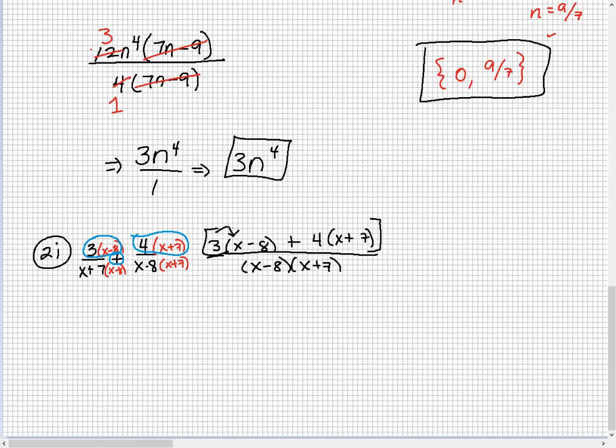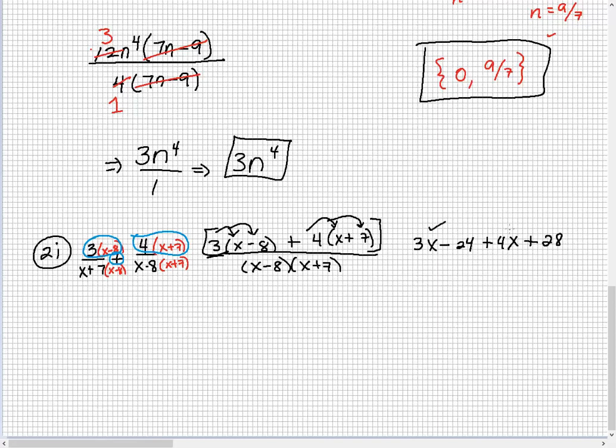Now we have to distribute the 3 and a positive 4 in here to combine like terms. So I'm going to work with the numerator first. So here we go. 3x minus 24 plus 4x plus 28, right?